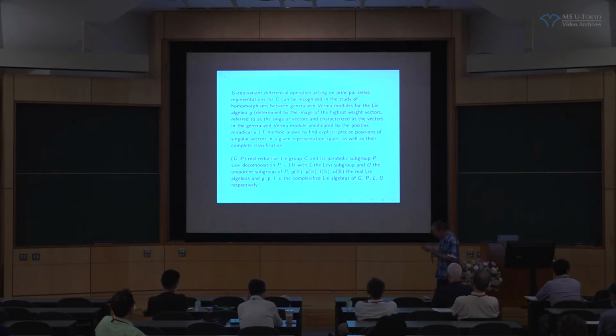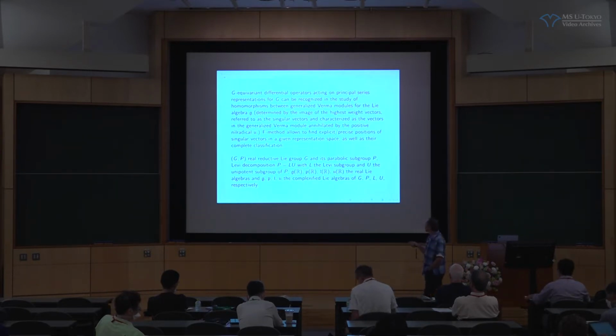And then the F method allows us to find not only the explicit or precise positions of singular vectors, hence explicit formulas for G equivariant differential operators acting on a given representation space, but also the complete classification of such possibilities for such singular vectors.